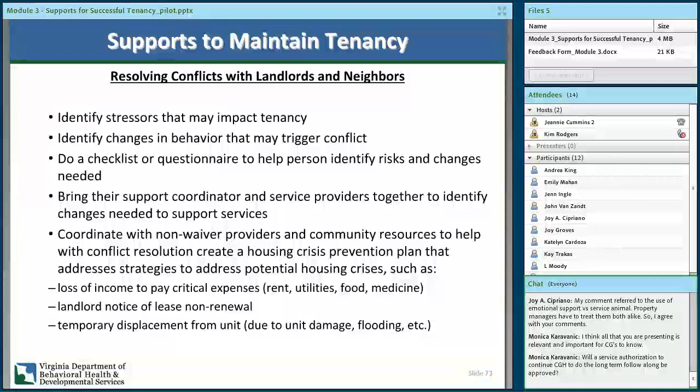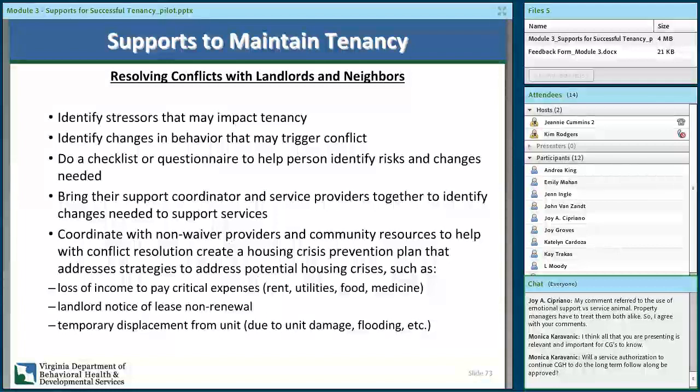Guides can help identify changes in behavior of the individual that may trigger conflict. For example, has the individual switched medications or experienced a personal loss that's affecting mood, initiative, or responsiveness? Guides can do a checklist or questionnaire that identifies risks to housing stability and changes needed. The FAQ in Module 3 has a link to a sample independent housing monitoring tool.